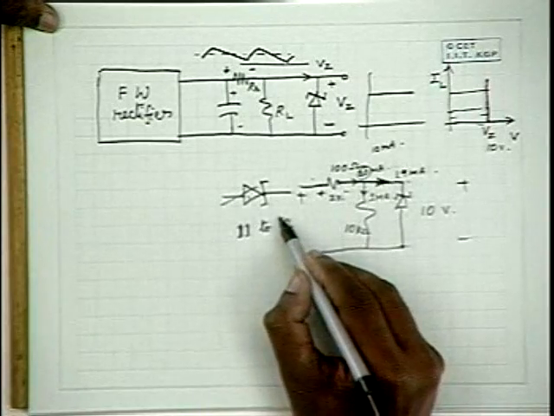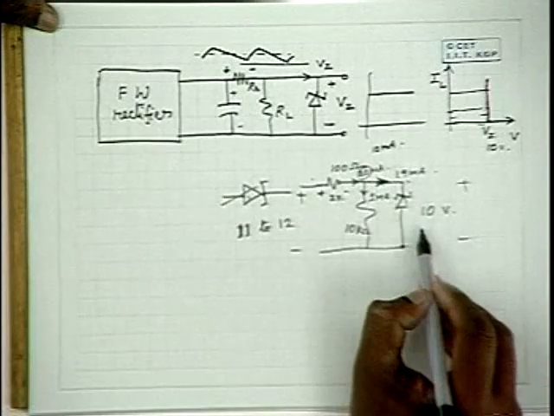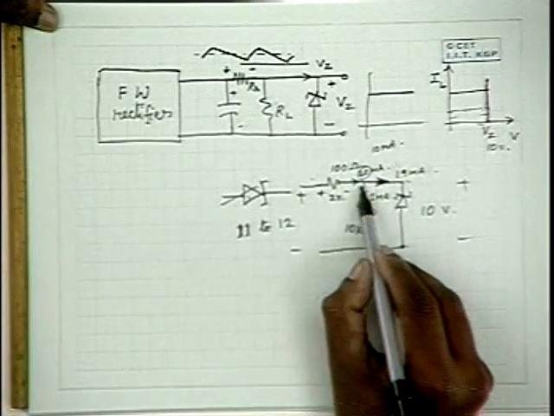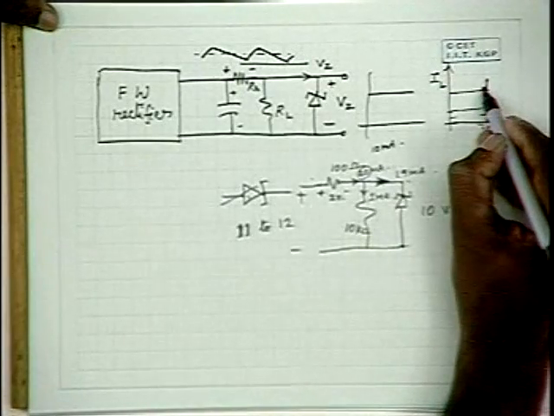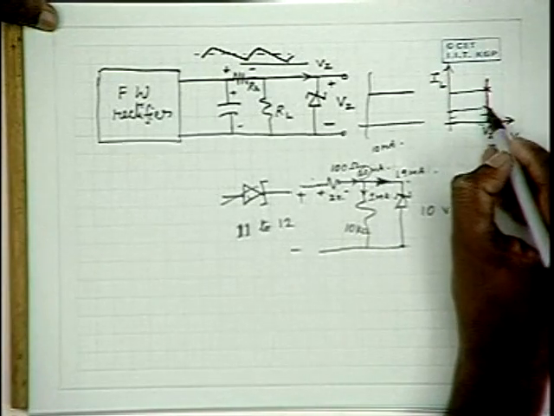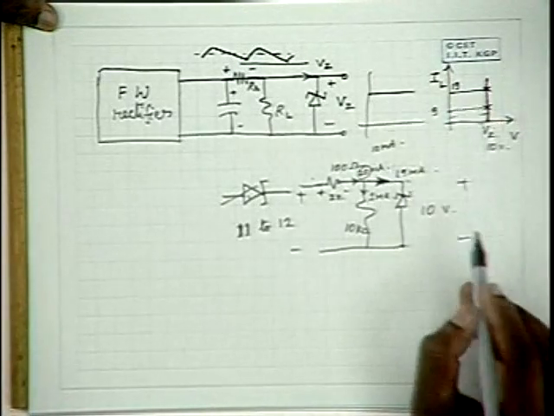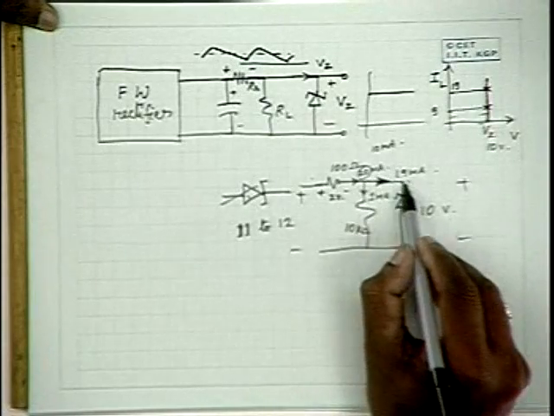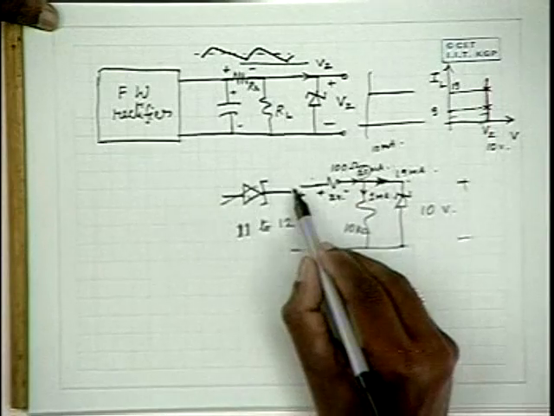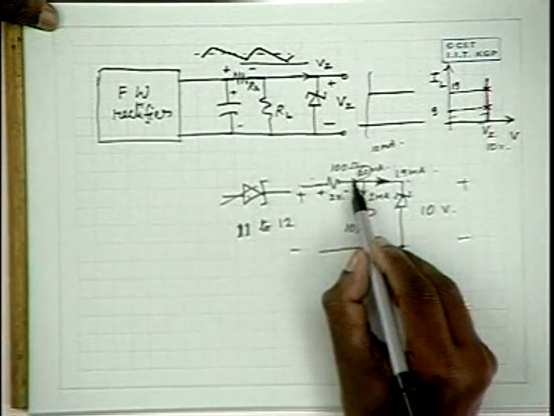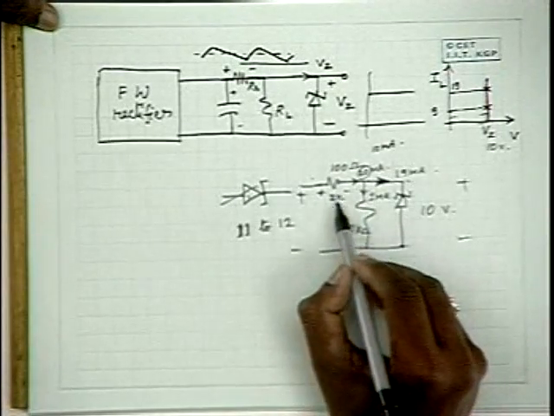On the other hand, when the input is 12 volts, the Zener will still maintain almost 10 volts and it will accept 19 milliamperes through itself. That means the operating point now would be this, where the operating point earlier is this, with this as 9 and this as 19. Now, with the voltage remaining as 10 volts, 1 milliampere flows through the load, and a total of 20 milliamperes flows through the series resistance, and the voltage drop across the resistance would be about 2 volts.